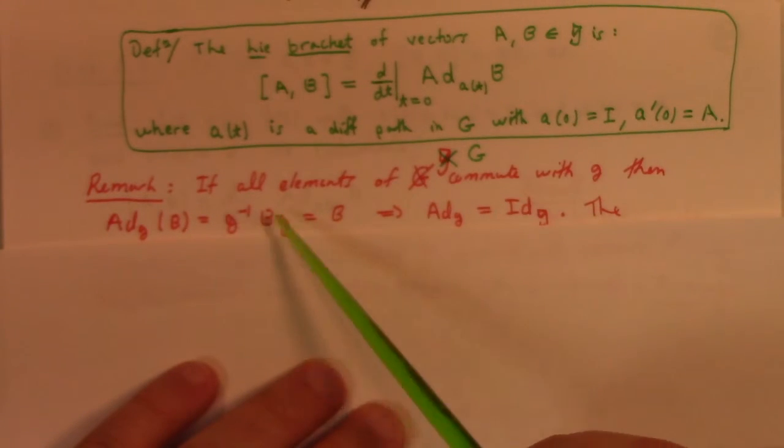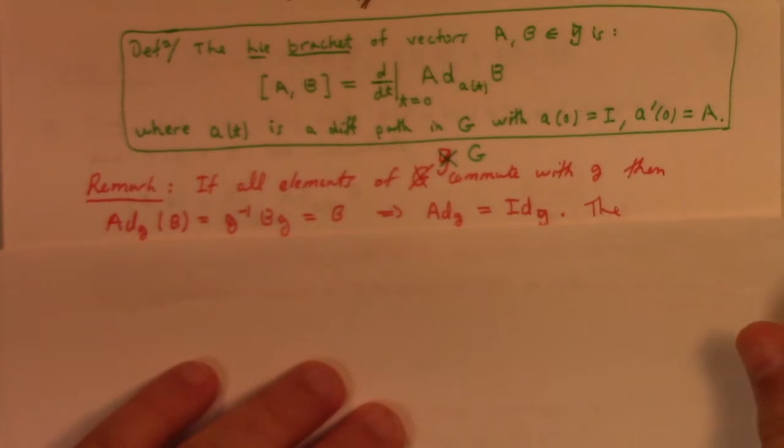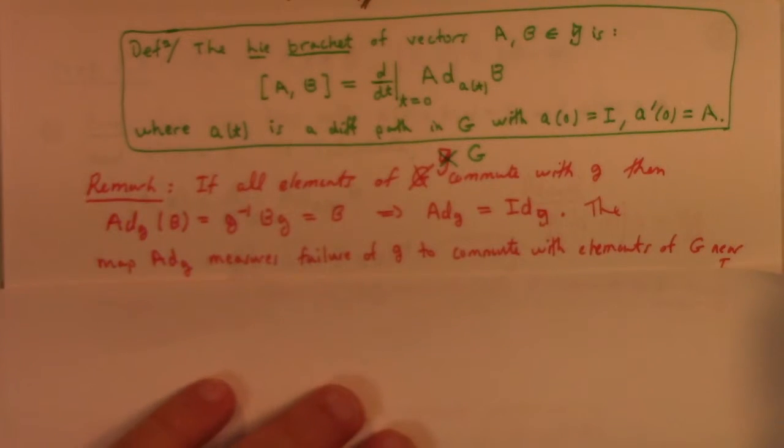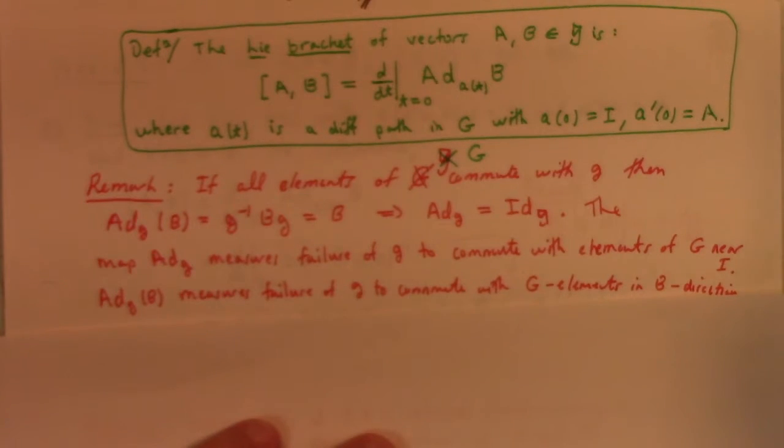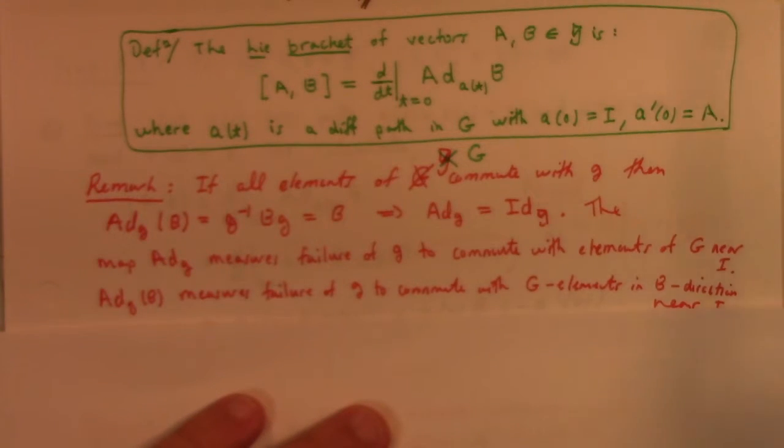Anyway, certainly if this is equal to B again, it is true that the adjoint is the identity. So the map Ad_g measures the failure of g to commute with elements of G near the identity. I will agree with that. So the adjoint Ad_g of B measures the failure of g to commute with G elements in the B direction near I.